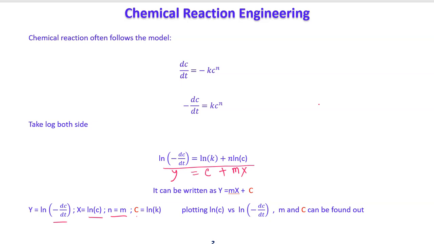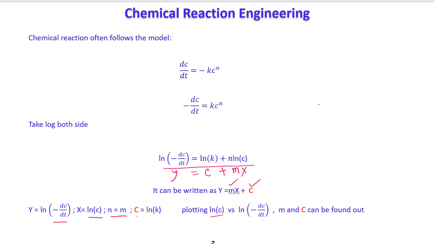Here I am putting a red color to denote the intercept, which is equal to ln K. Now if we plot ln C versus ln of minus dC by dt, then we get a straight line, and from the straight line we can easily get the slope and intercept.